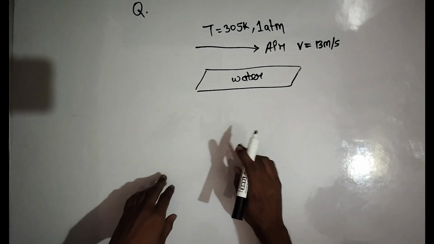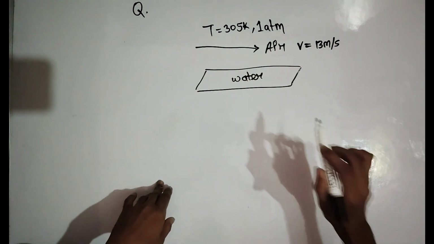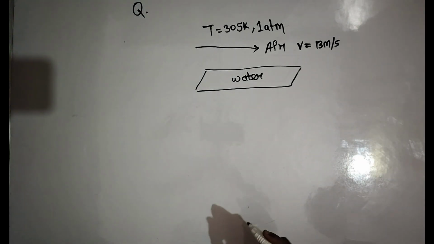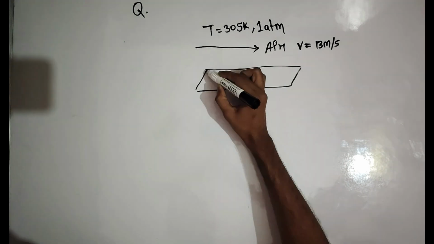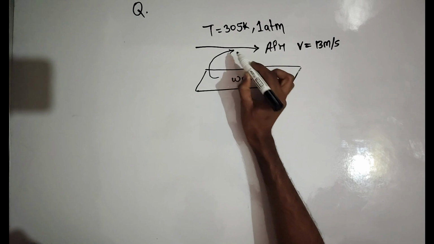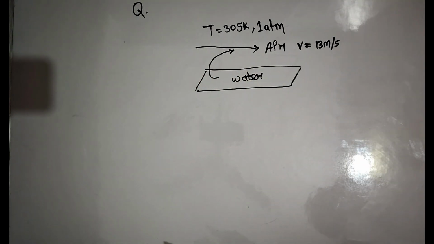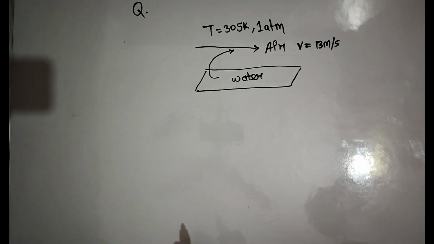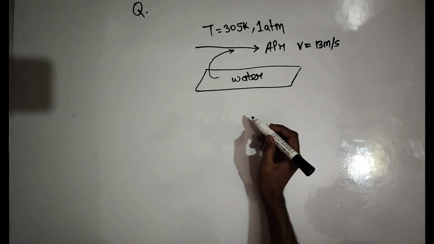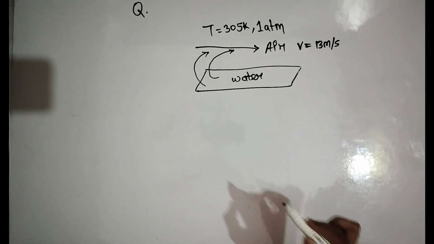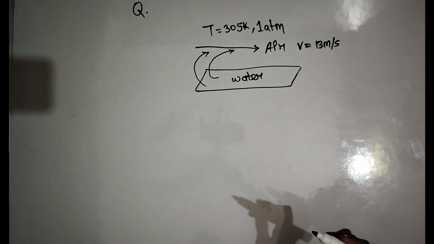So the wind is blowing over the flat plate, and in this process a mass transfer will take place. The water vapor on the surface will move into the air and the concentration on the surface will decrease. So we have to calculate how much water is lost from the surface and moves to the air.